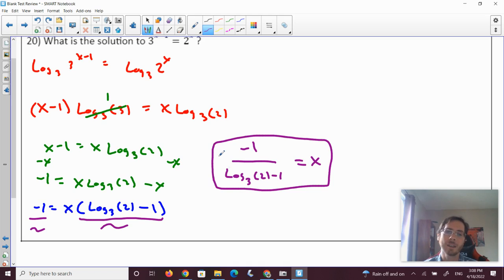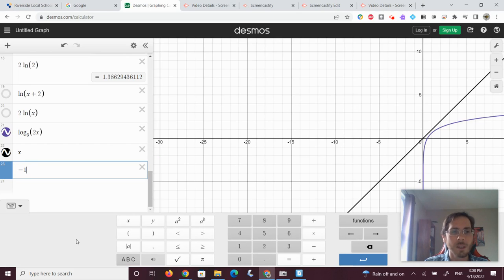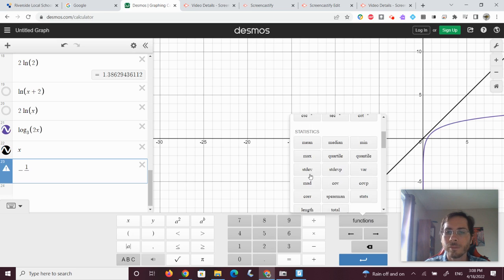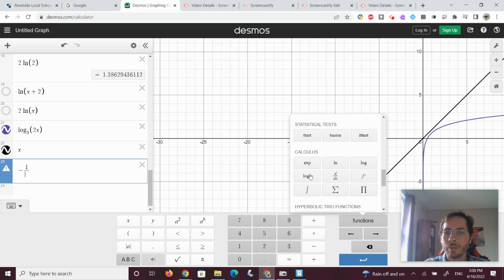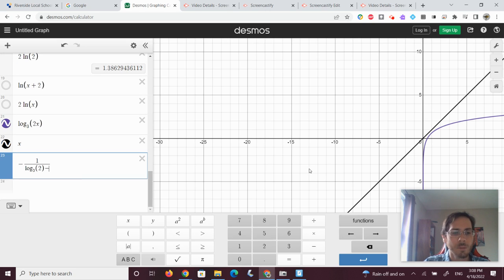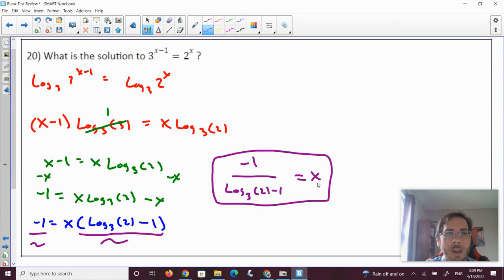Is it pretty? Well, I think it is. I think that looks very nice. You might not think that looks very pretty. And you might think, all right, well, we'll just throw it into the calculator now, and we'll see what that actually is. Negative 1 over log base 3 of 2 minus 1. It doesn't even say round to anything.